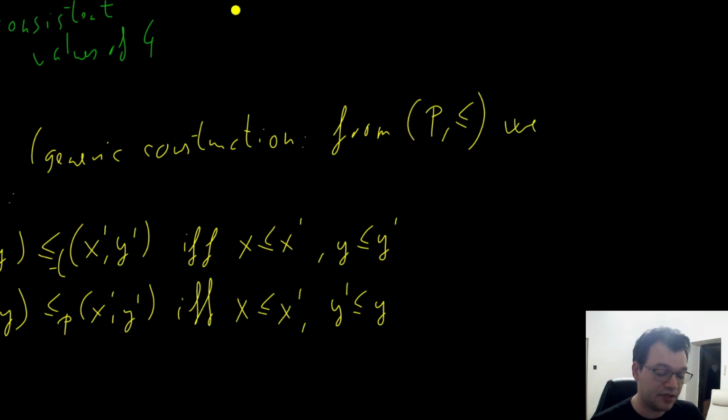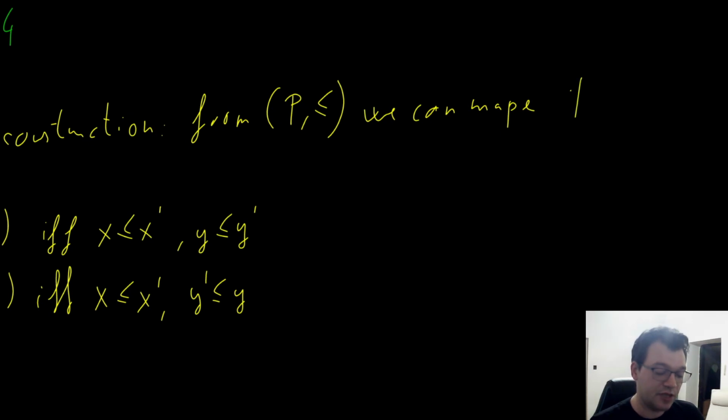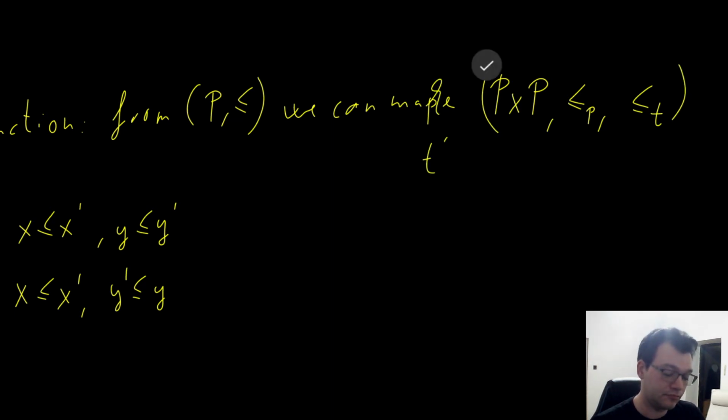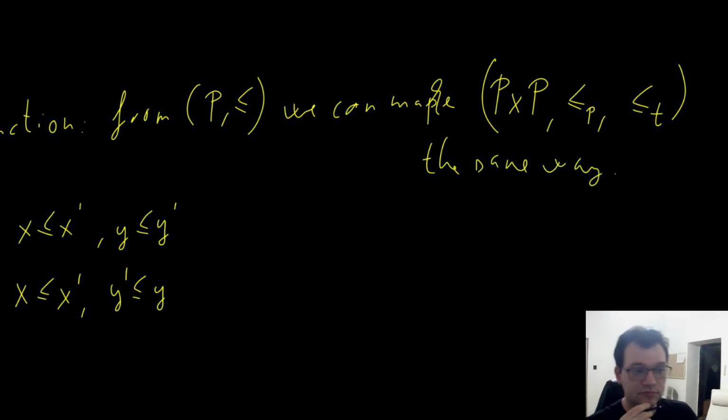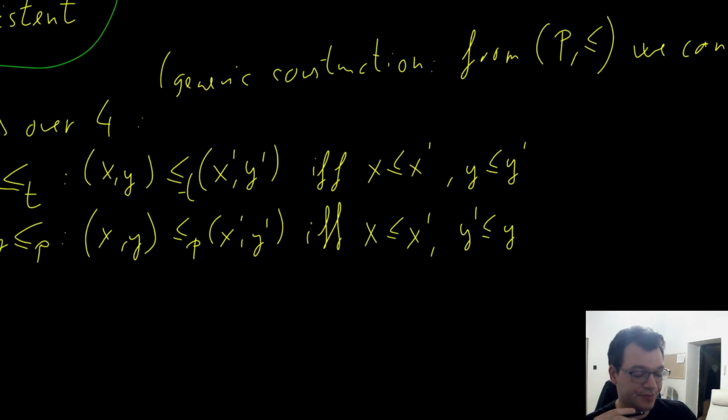So we can make P times P equipped with, say, the precision ordering, or with this, well, let's call this truth ordering as well, the same way.